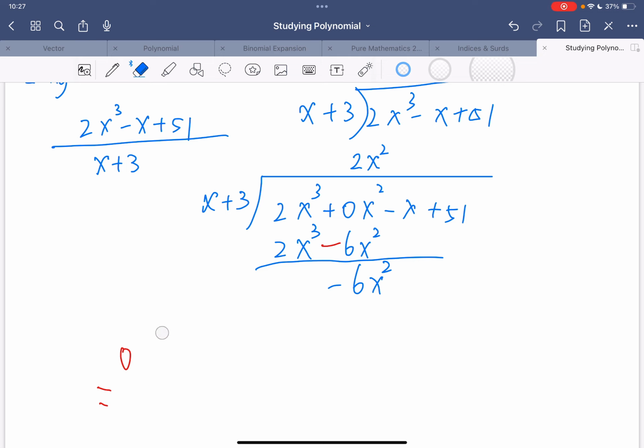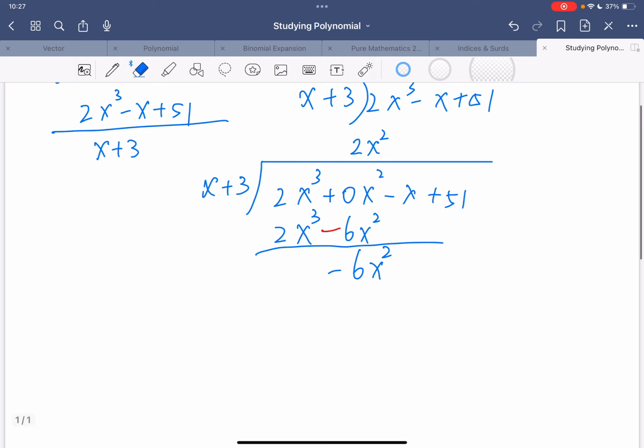Now let's move on. So for this one, that's the answer we are looking for. And then what do we do next? We copy the next term down here, that is negative x.